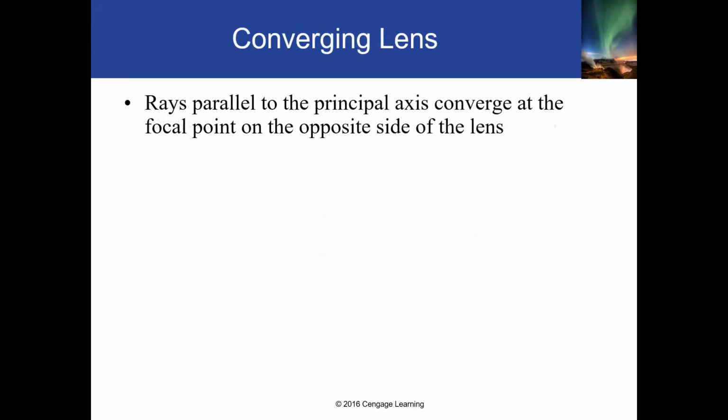Okay. And then rays parallel to the main axis converge at the focal point on the opposite side of the lens for the converging lens. So that means if your image is formed on the opposite side of the lens, then that is called real imaging, which is different from mirrors.